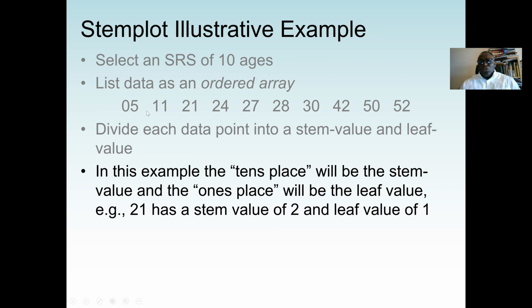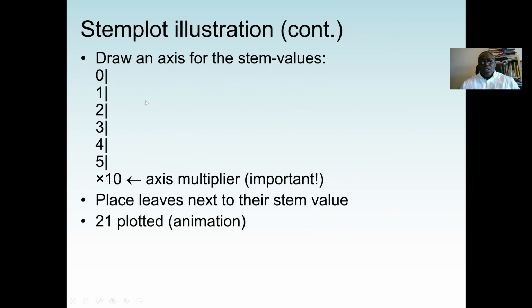We start from 0, 1, 2, 3, 4, and 5. Then the leaf will be our last values. We wrote times 10 here to tell us that these leading digits are in tens. So 1 means 10, 2 means 20, 3 means 30, 4 means 40.